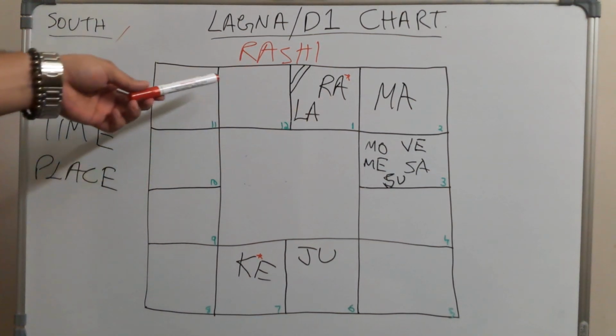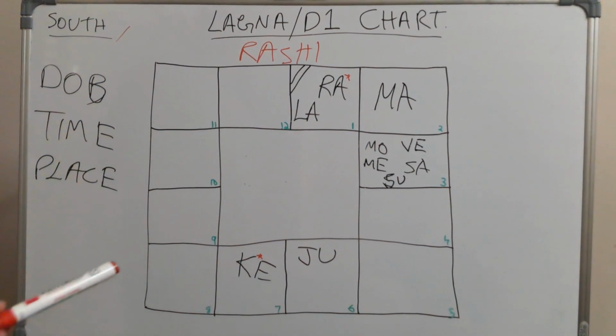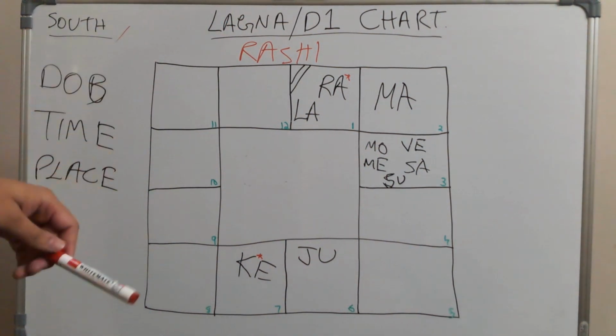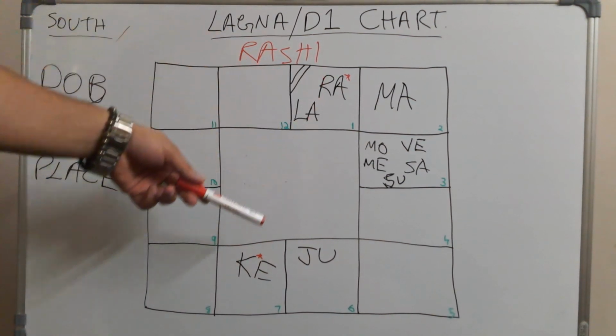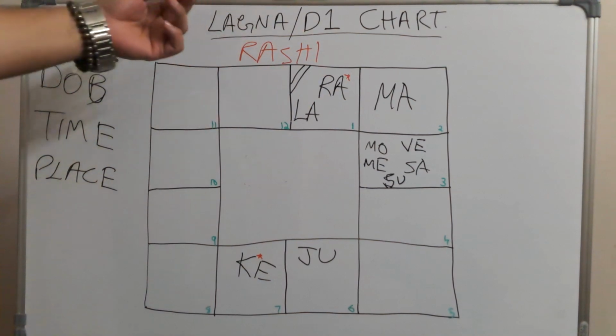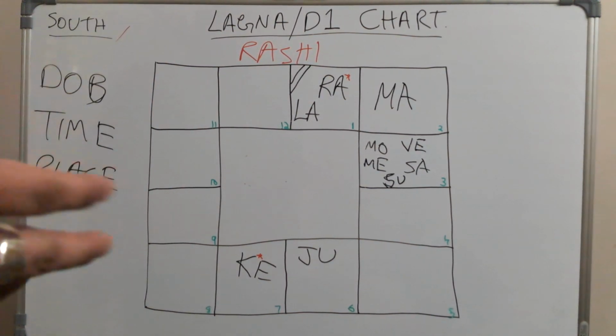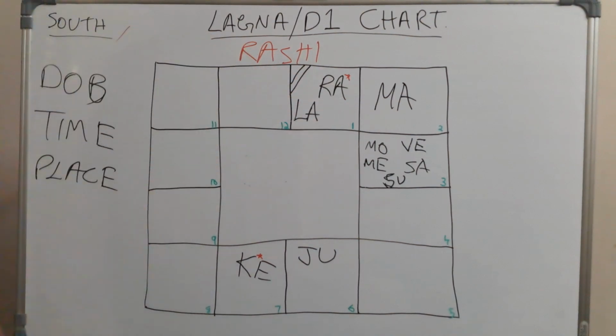The planets may be situated here, all completely separated too. This is just an example. Here, Rahu and Ketu are always going to be opposites, and they will have this small star next to them that is called retrograde. I'll explain that in the later videos because these things are very complicated.